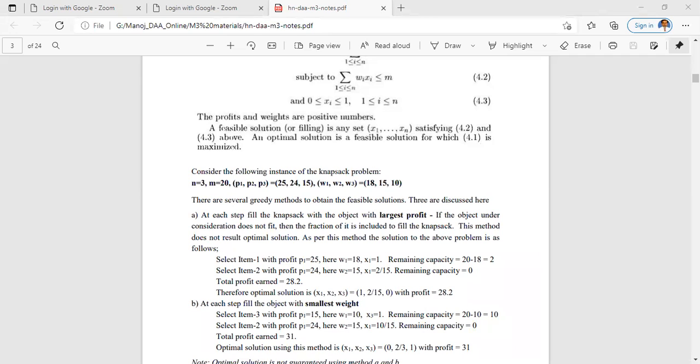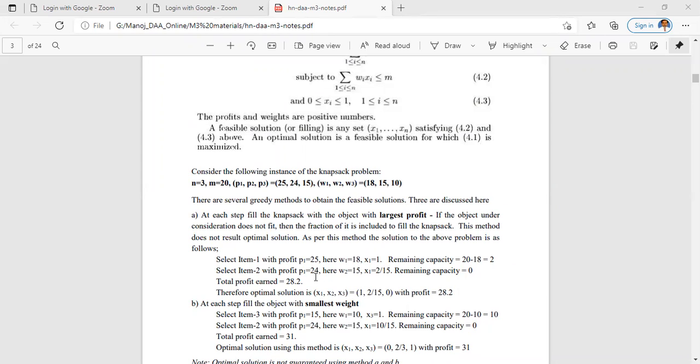So understand here, in order to find the profit, P1 x1 plus P2 x2 plus P3 x3 is equal to profit. So what is P1? 25. 25 into what is x1? 1. So it is 25 into 1 plus. What is P2?